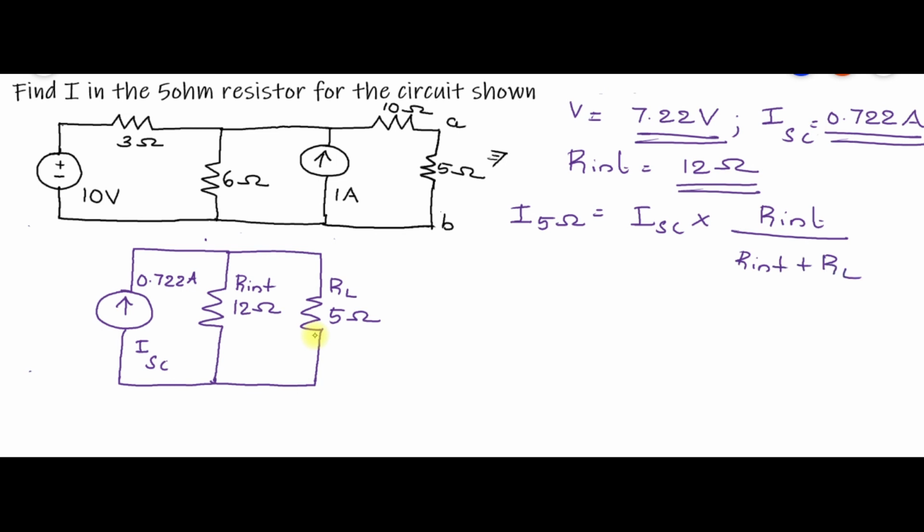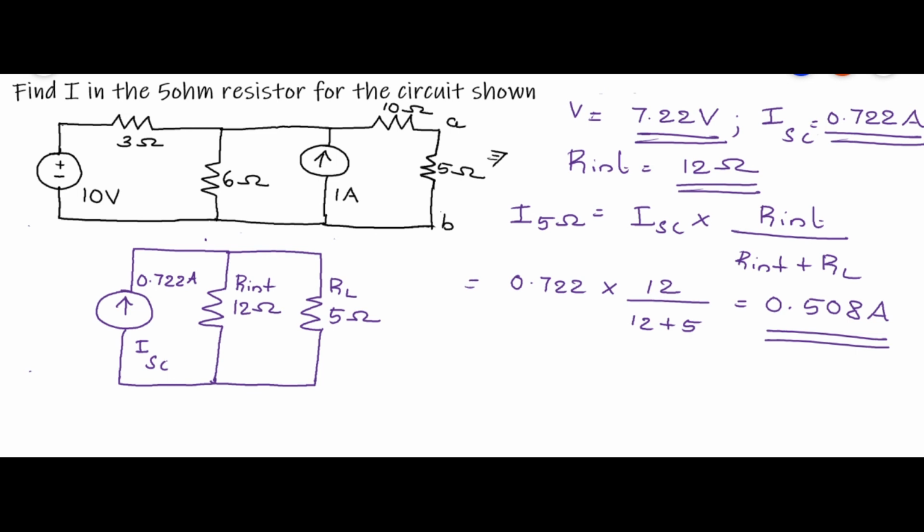This is your equation. So by substituting the values, 0.722 into 12 divided by 12 plus 5, you will be getting the answer as 0.508 ampere. So this is your current in the 5 ohm resistor.